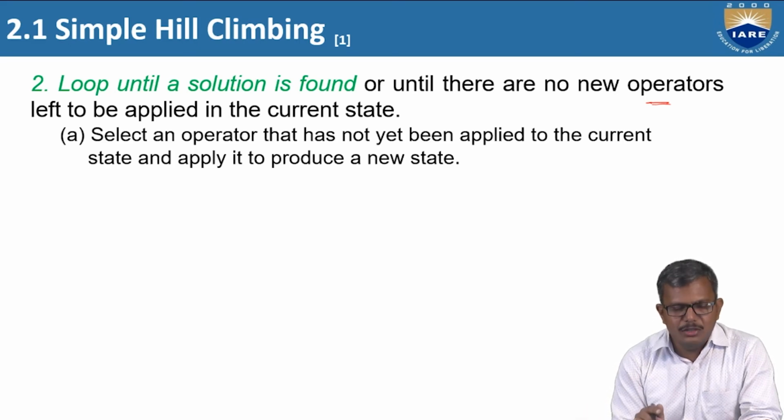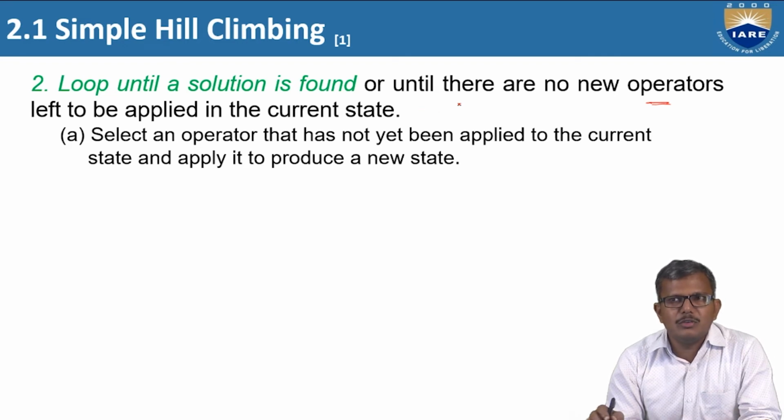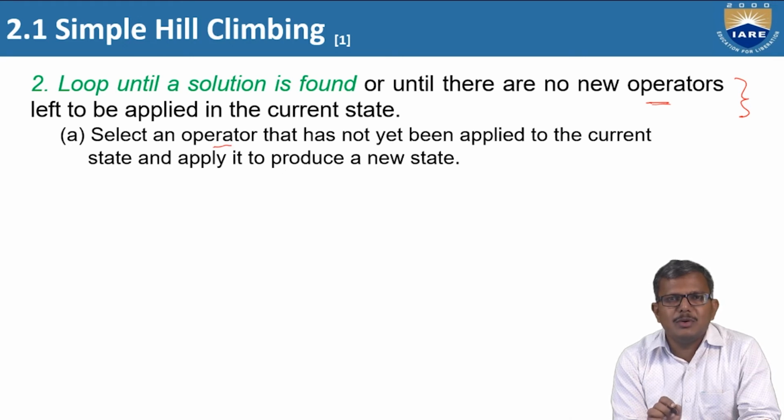In the second step, again you see, select an operator. How are we going to fulfill this step number 2? First, we are trying to select an operator. The selection of the operator is very, very important. That operator should not have been applied in the previous states.